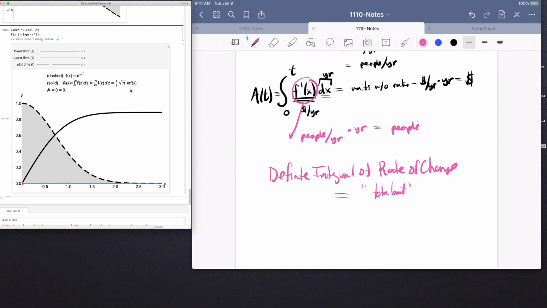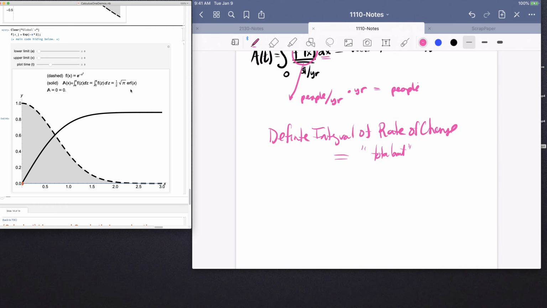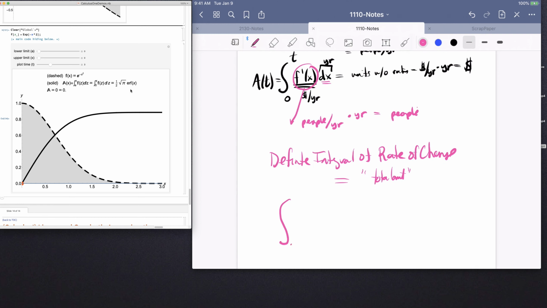Okay, so if we are computing a definite integral from 0 up to some amount of time of a velocity graph, let me be careful with the time here, we'll say a new variable tau, v of tau, d tau.